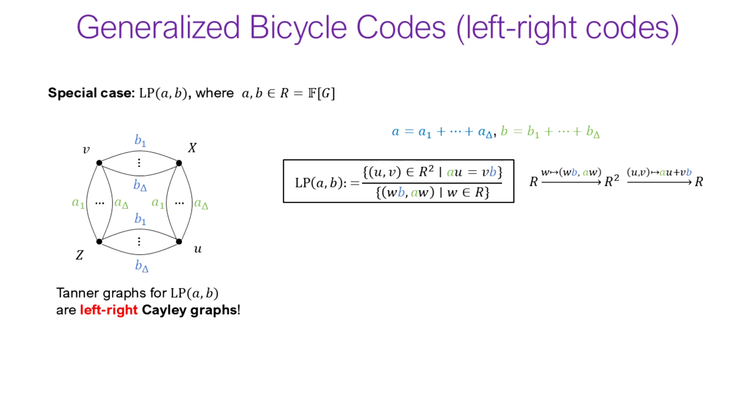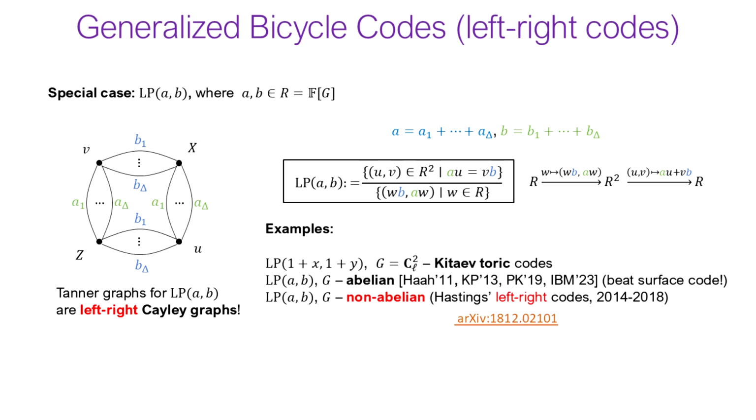And if you construct the Tanner graph of this code, you can see a very familiar object that was used in all recent papers on asymptotically good LDPC codes and also on locally testable codes. This is exactly the left-right Cayley graph. These particular codes were already studied before. For example, the Kitaev toric code is just a special case of this code.